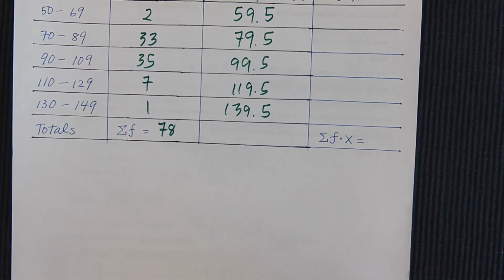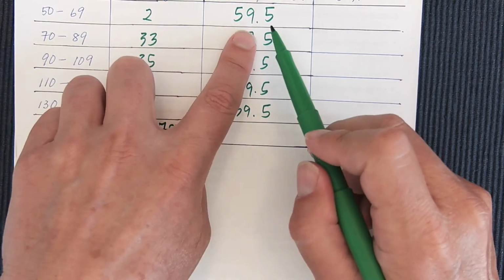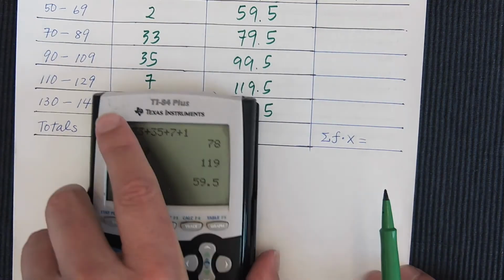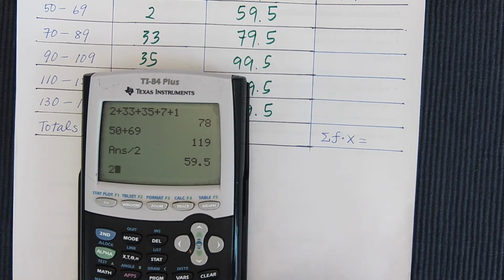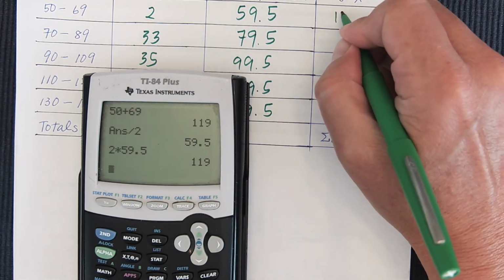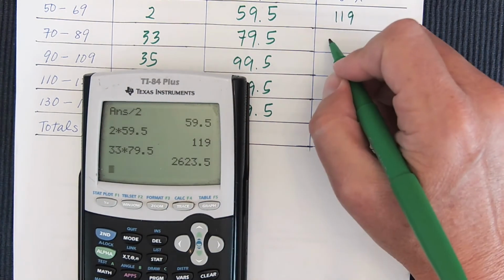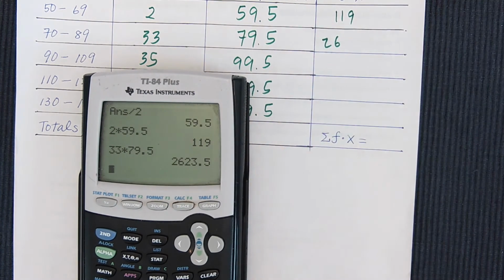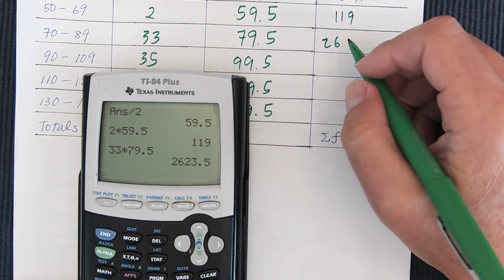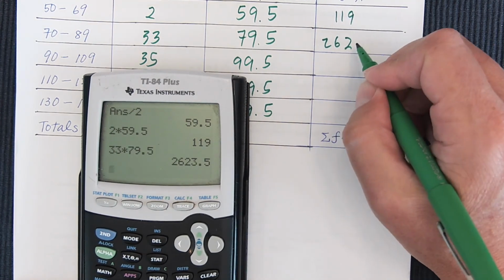What we're going to do next is multiply f times the midpoint. So this becomes 2 times 59.5, 33 times 79.5. Once again, you should be doing these with me. If I'm going too fast for you, then pause it, but you should be doing this yourself.